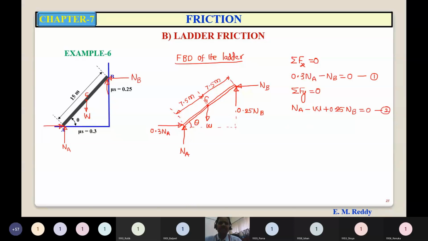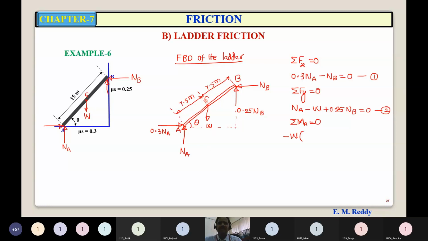Now taking moments about point A. You can take moments about any point. Moments of these two forces will be 0. The moment of W is clockwise, so minus W into the perpendicular distance.